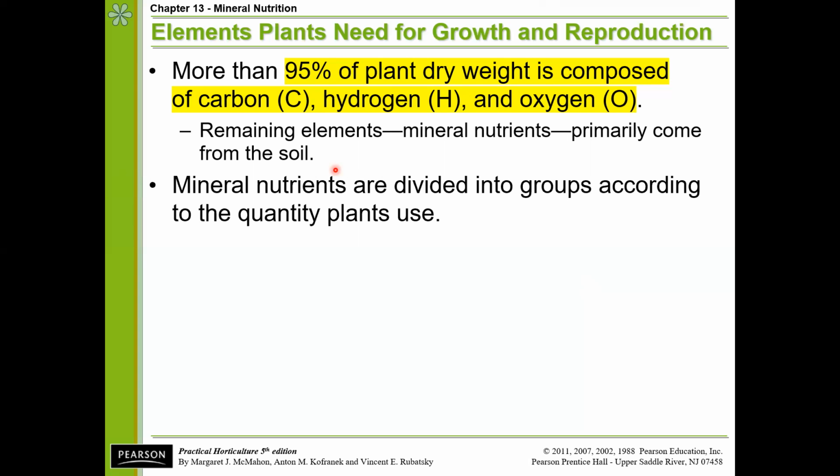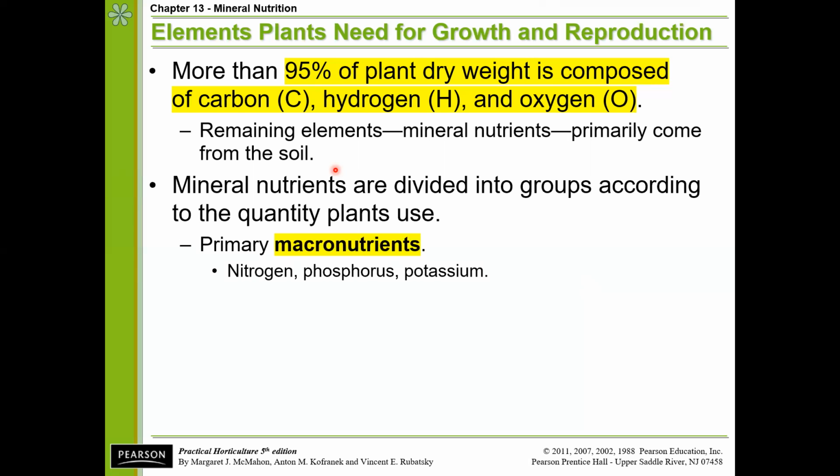So among the rest of the nutrients, we divide them into groups according to the way and the quantity that plants use of them. So first we have the primary macronutrients.